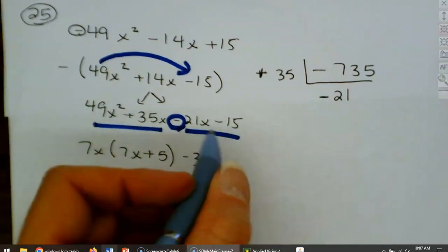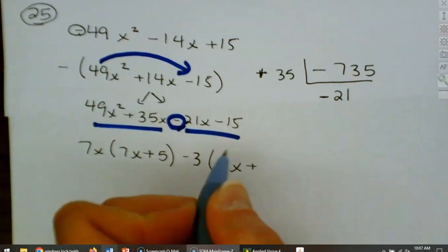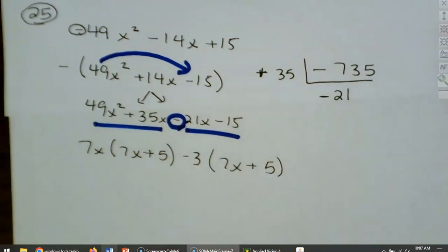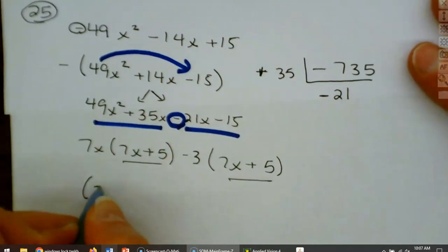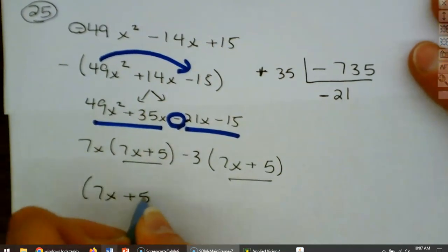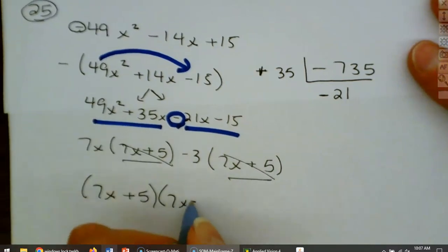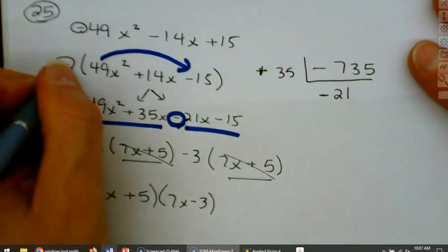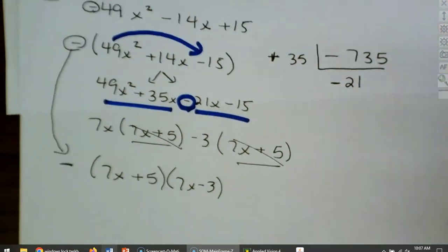And that is going to switch my signs. And that leaves you then with a 7x plus 5, which is what we want. Are the groupings the same? Yes, they are. So 7x plus 5 comes out. 7x minus 3 is left over. And what's out in front of all of it is a negative.